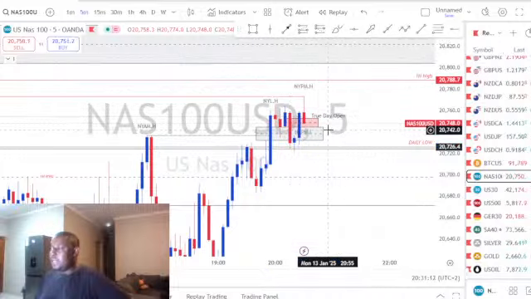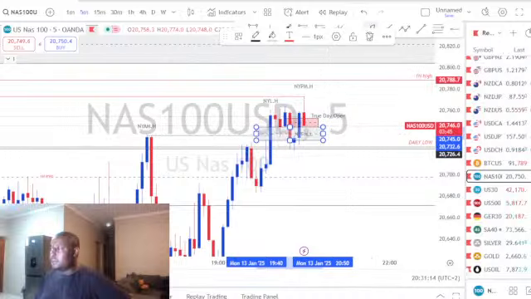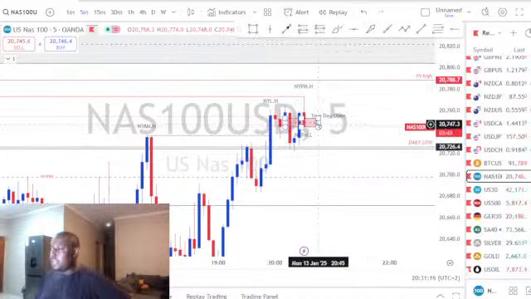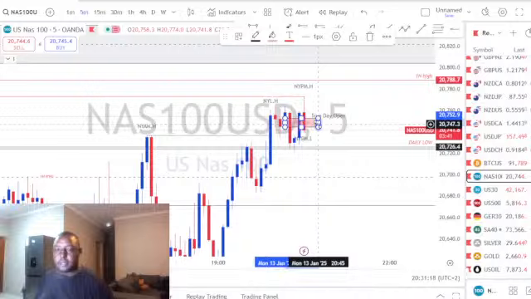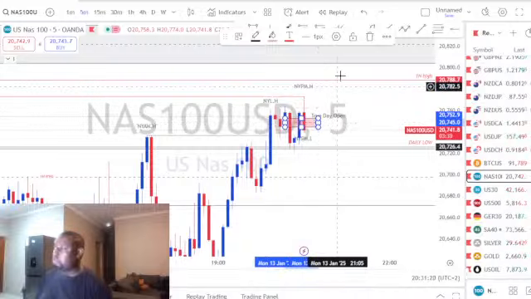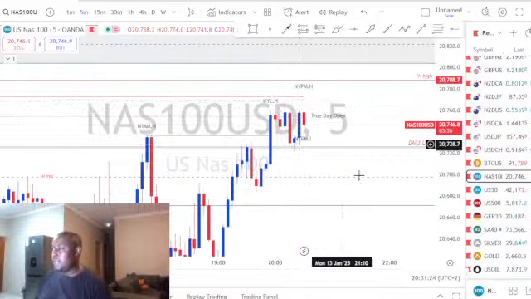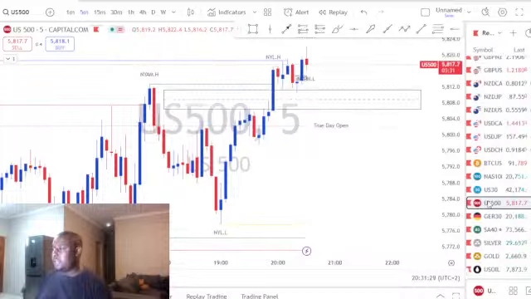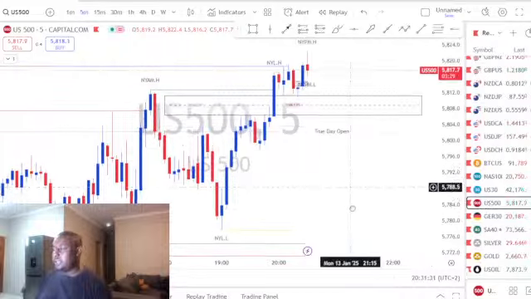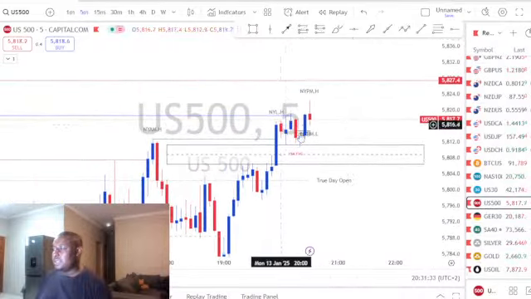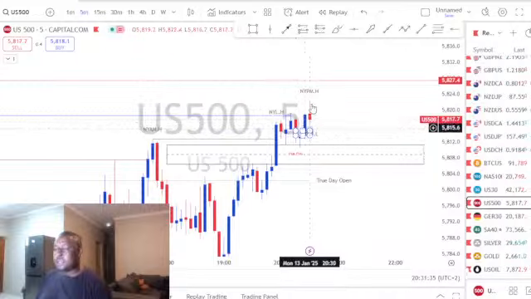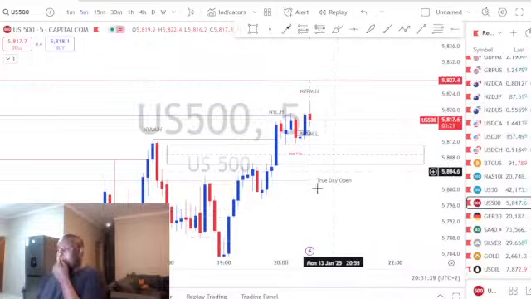Okay, we are officially in the PM session. So we're starting to get this momentum that is happening in the market. We've taken this high. S&P 500 failed. Oh, it also took that high. Okay. But it just sweeps. If it leaves this, look, it didn't close above. Oh, okay.